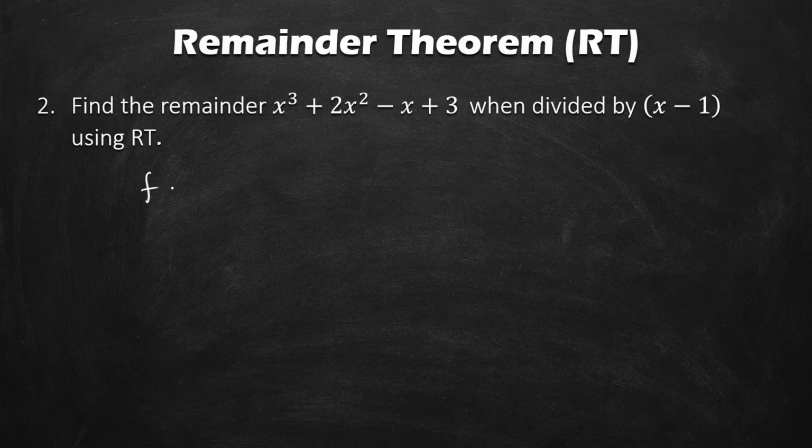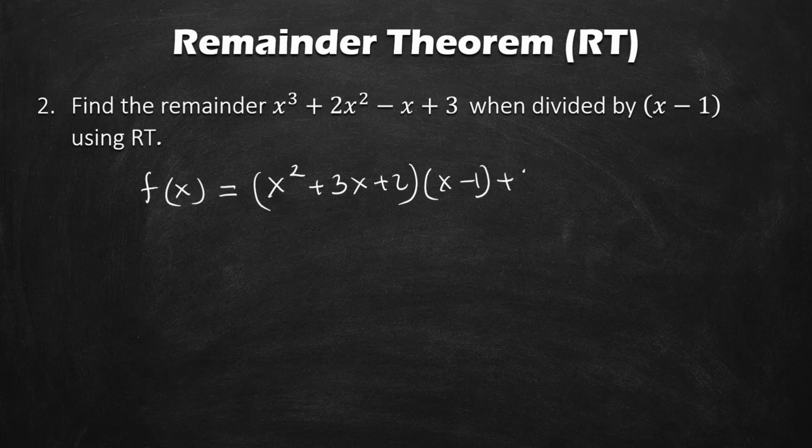So in the previous one, we already know that f(x) equals to (x^2 + 3x + 2) times (x - 1) plus 5. So this one is in remainder theorem form.